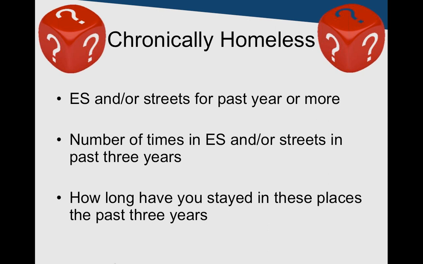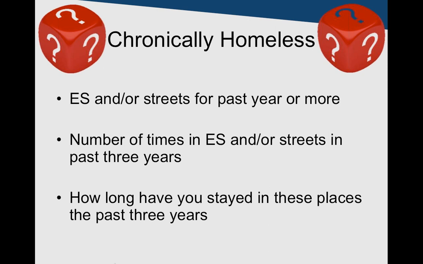As we mentioned earlier, HUD is once again asking us to compile data on chronically homeless. And collecting that data on the chronically homeless can also be difficult, just as what Yvette was mentioning with trying to count homeless youth or veterans.